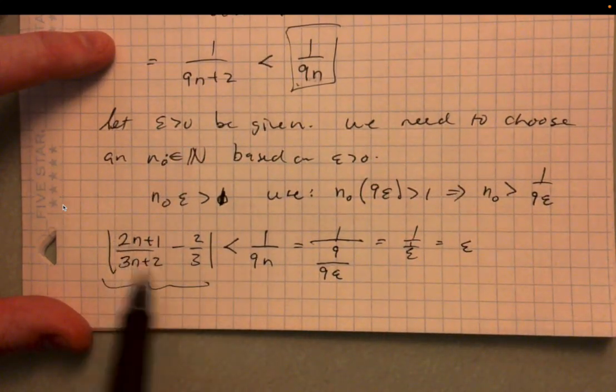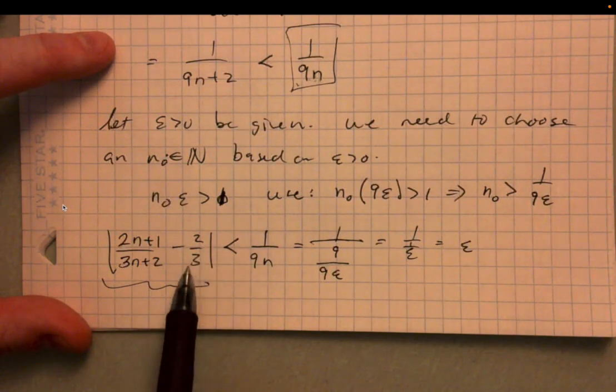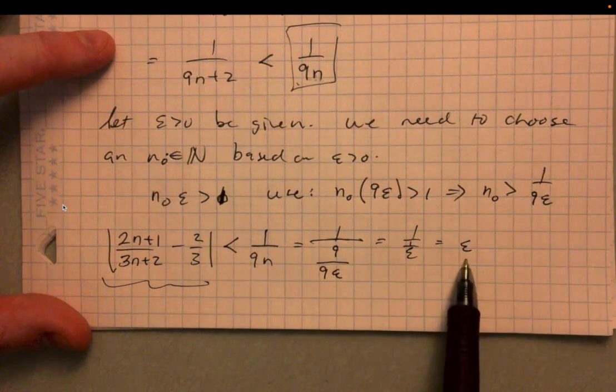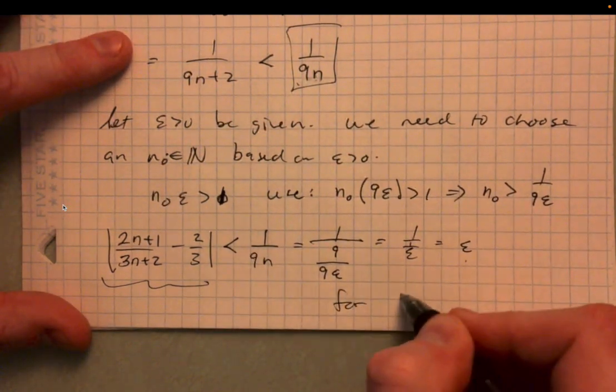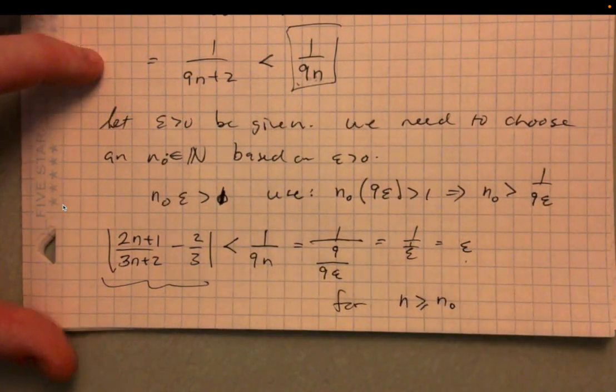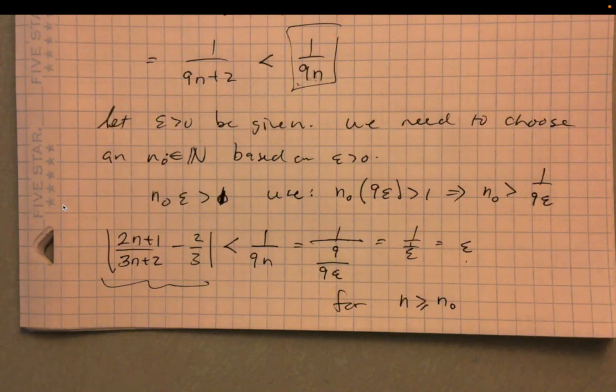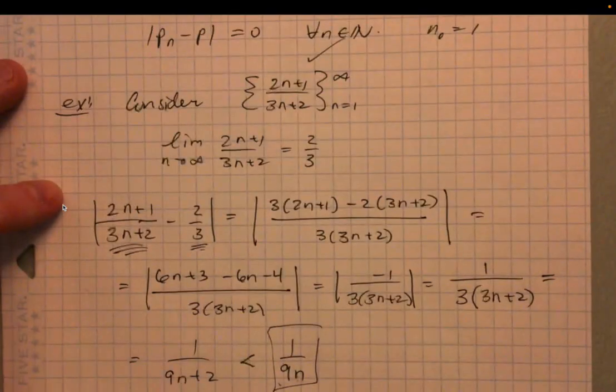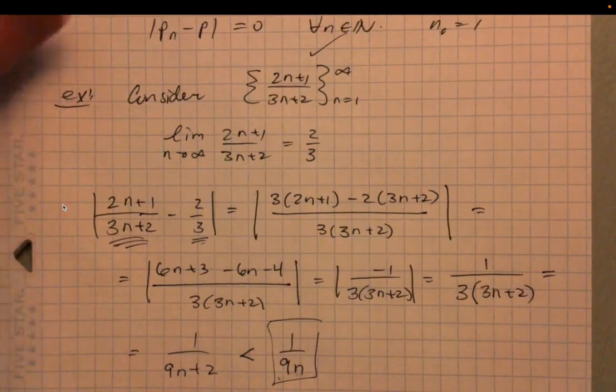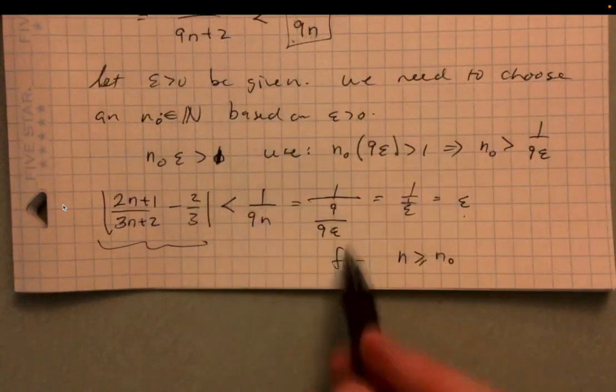The distance between the nth term and the point 2/3 is less than epsilon, so long as n is greater than or equal to n naught. Okay. So this is a very typical kind of example. This is something that would be very easy in a calculus class to state the limit of, but here's how you might prove it using the definition.